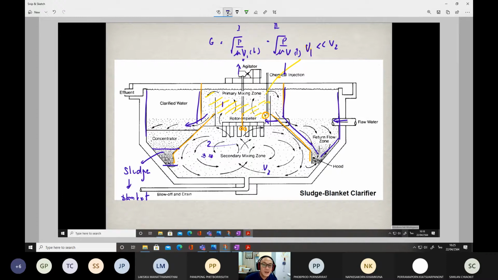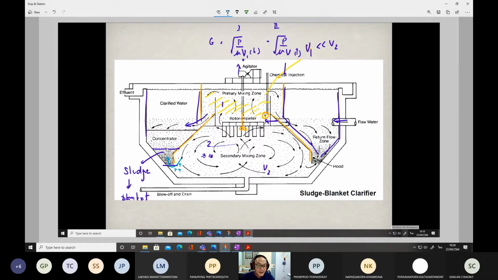Small colloidal particles forming flocs become bigger and heavier. They try to move out along with the water, but once they reach the sludge blanket, the suspended solids are accumulated in the sludge itself, so they do not go up with the clarified water.